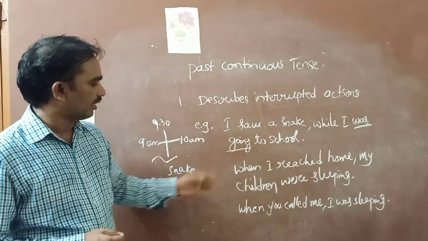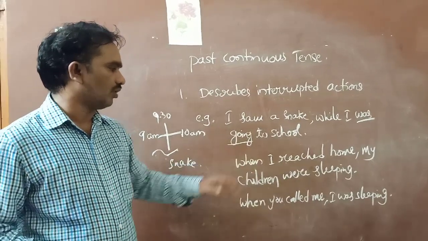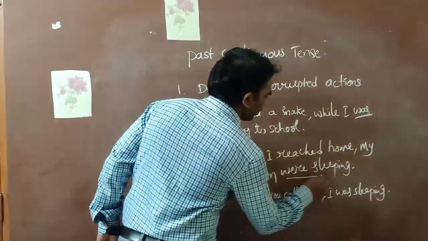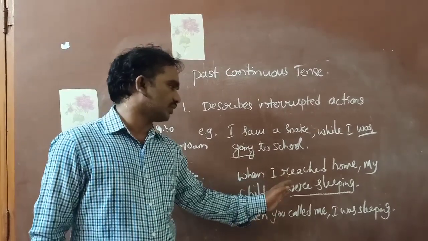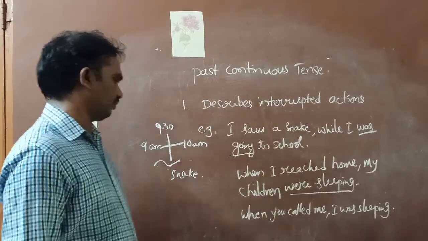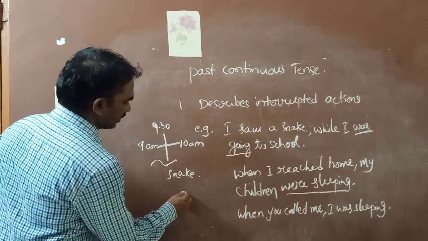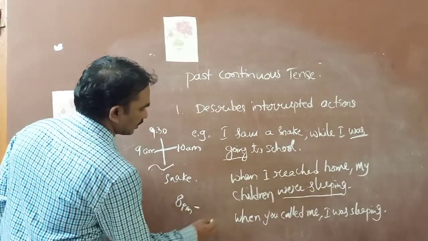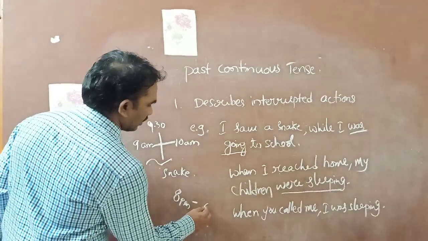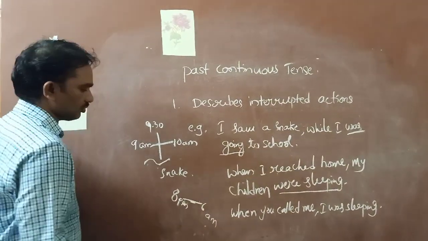The second example is when I reached home, my children were sleeping. Here the interrupted action is reaching home. For example, children started sleeping at 8 p.m. and they were still sleeping till 6 a.m. next morning. So when did you reach home?